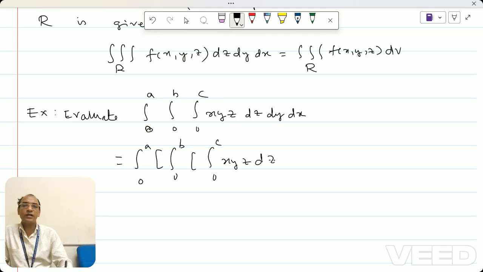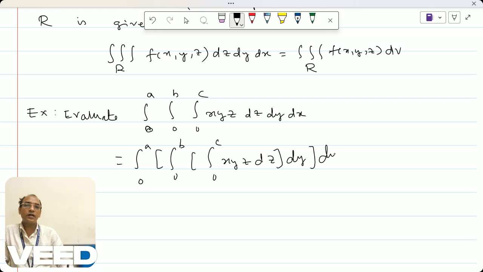First I will integrate it with respect to z, then with respect to y, then finally with respect to x. Now you may say, sir, why we will integrate with respect to z, why not x or y? So you can do that one by writing the appropriate limit of x, y, z.